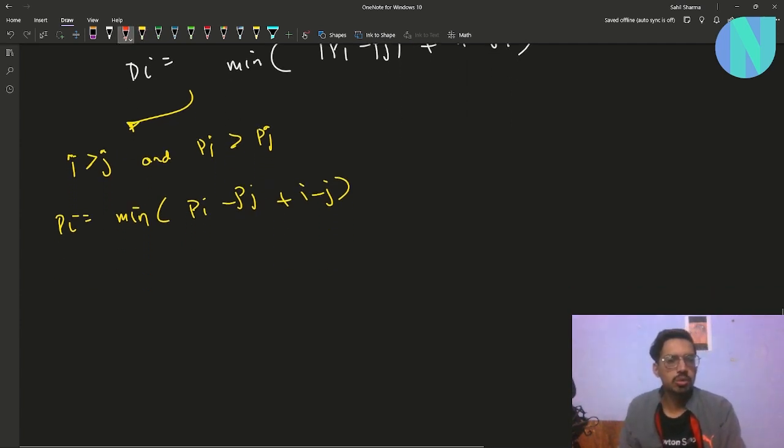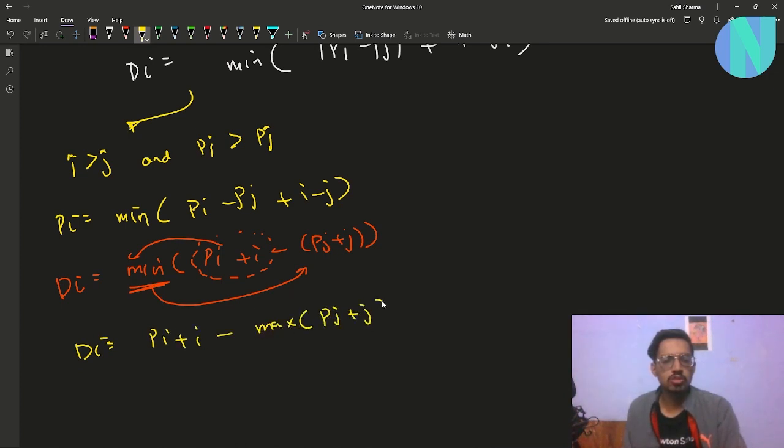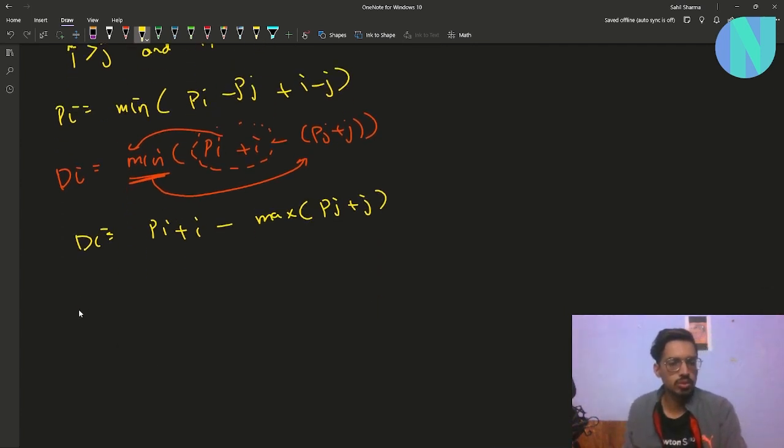And if you club the items together, you get d of i is equal to minimum of pi plus i minus pj plus j. And if we shift the minimum here, because we know the value of these two elements, we can shift these outside the minimum. We will get d of i is equal to pi plus i minus maximum of pj plus j.